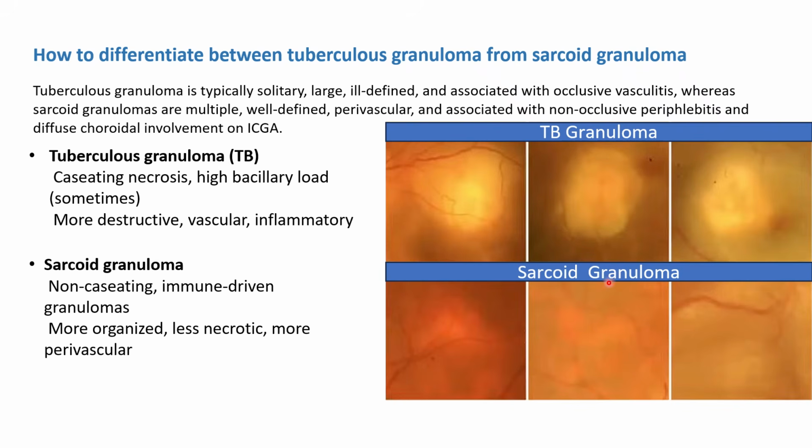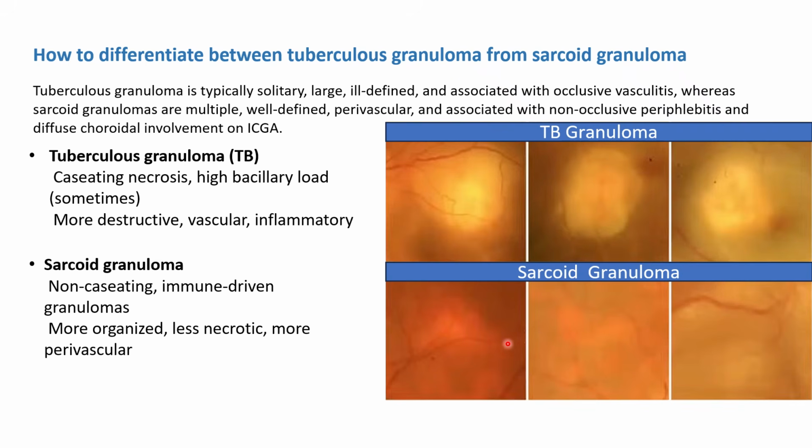However, in sarcoidosis, the spots have defined edges, and usually there is no elevation of the overlying retina, and there will be no new vessels over it because there is associated non-occlusive periphlebitis. So you'll find sheathing of the veins and hemorrhages, but you will not find occlusion. This is evident by fluorescein angiography. In tuberculosis, you will find large areas of capillary non-perfusion due to occlusive vasculitis.